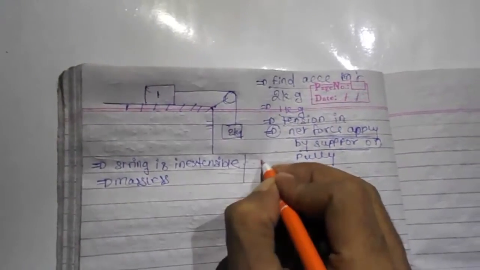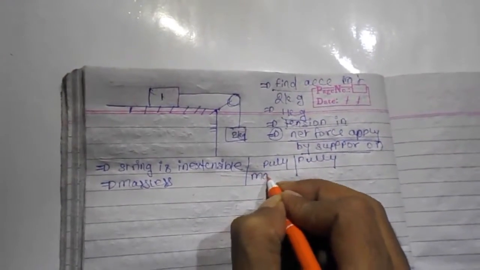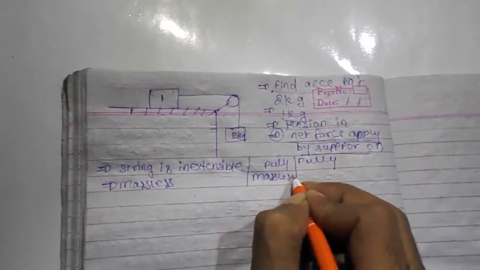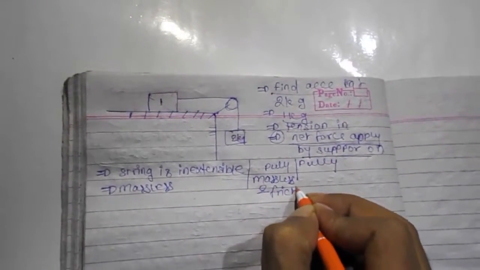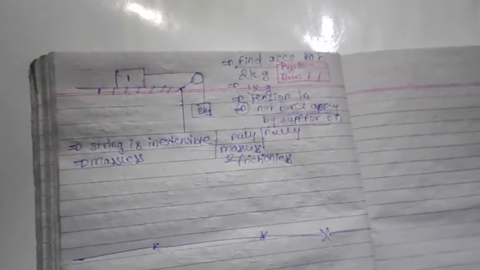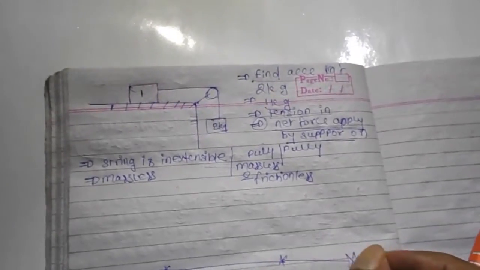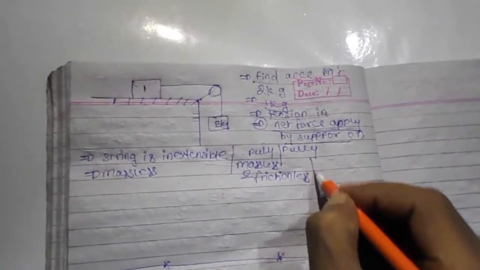About the pulley, it is massless and frictionless. So these things are given in the question.